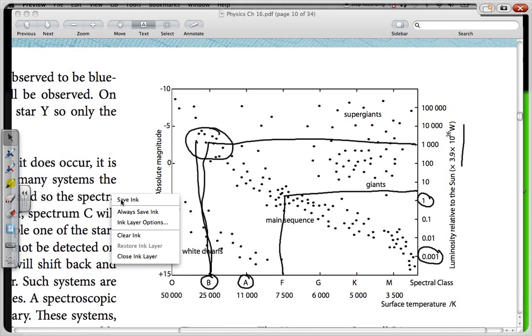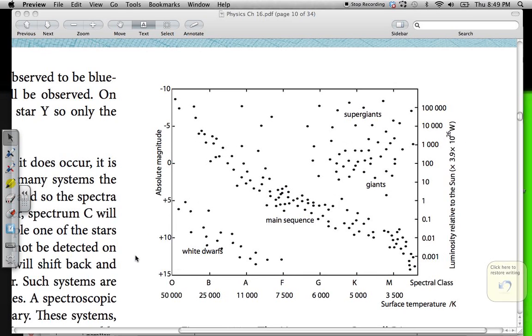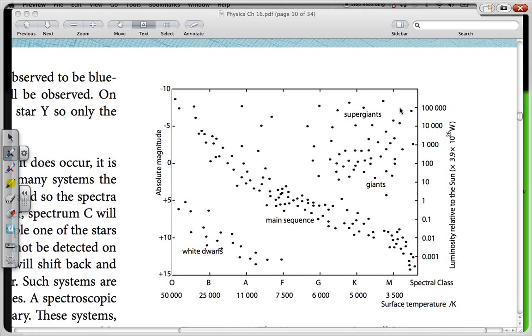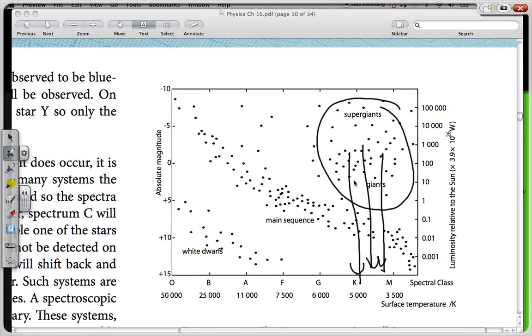Further to this, we get these stars over here, which are very important. These are our supergiants and giants. Now they all fall down here, which is in our red region, orange red, and so we usually call them red supergiants or red giants.